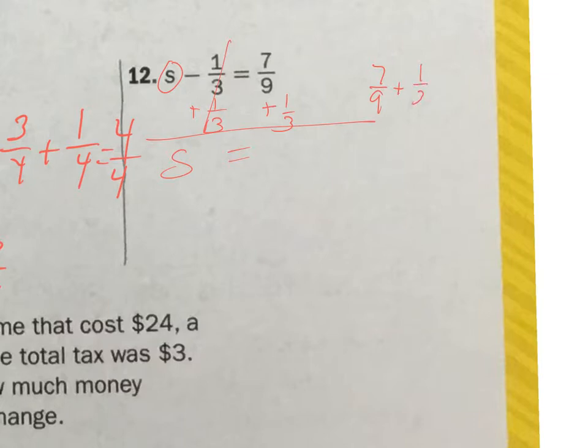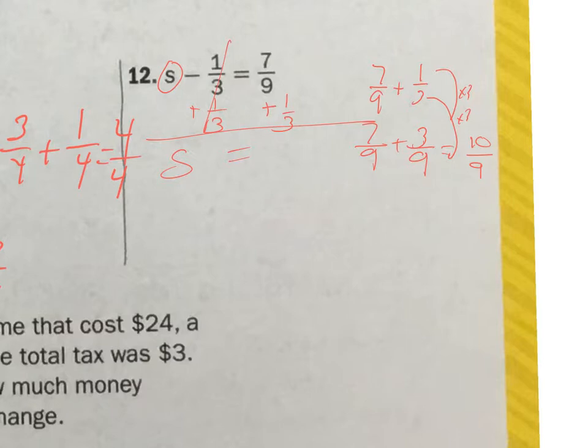Now, I've got to get the common denominator. So I know 9 will work for both. 7/9 plus, to get from 3 to 9 is times 3. So I have to times 3. 1 times 3 is 3. Okay, so now I can just add them. 7 plus 3 is 10 over 9.